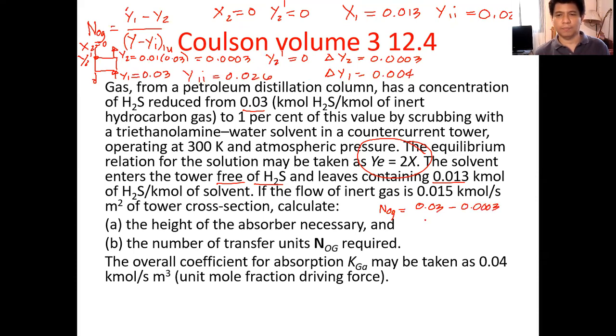First, I need to calculate Y minus Y sub I ln before proceeding to the NOG equation. So, Y minus Y sub I ln is equals to (delta Y1 minus delta Y2) divided by ln (delta Y1 divided by delta Y2).